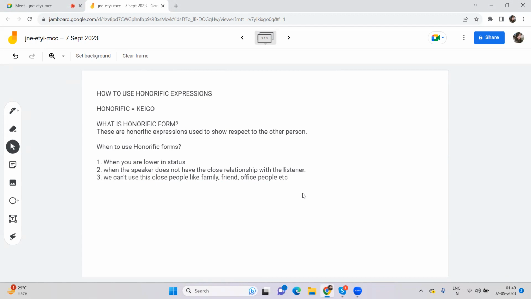These are honorific expressions used to show respect to the other person. Let's take an example: when you are talking with a person, we all use polite forms and try to be polite. But don't you think sometimes people need more respect than we give?